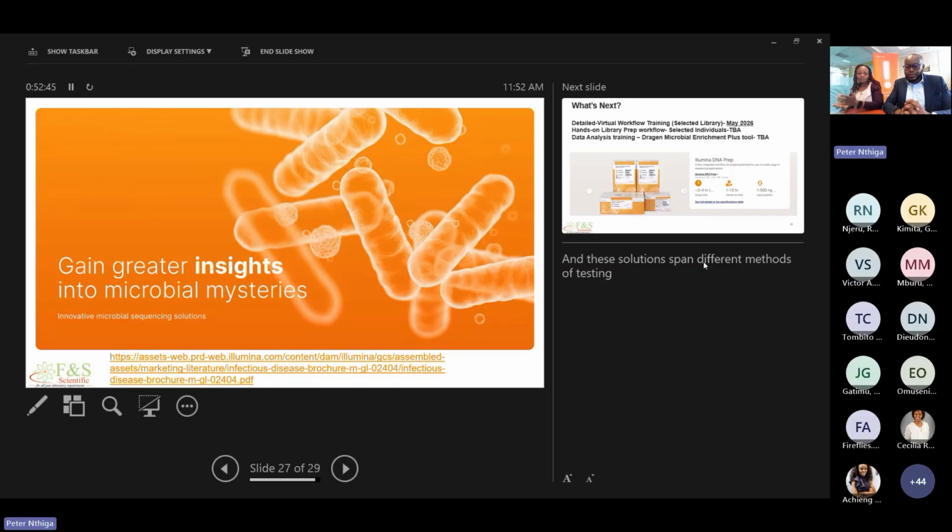Essentially, for me, what we have captured today is how we make the decision on adopting genomic surveillance as a tool for what we do in the lab, be it outbreak response, routine surveillance, or pathogen discovery.